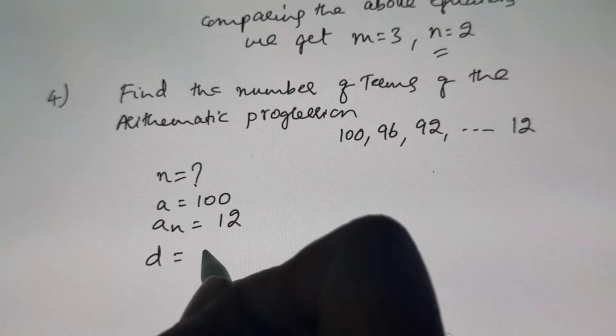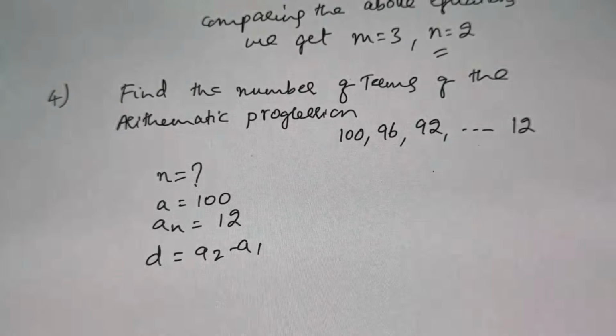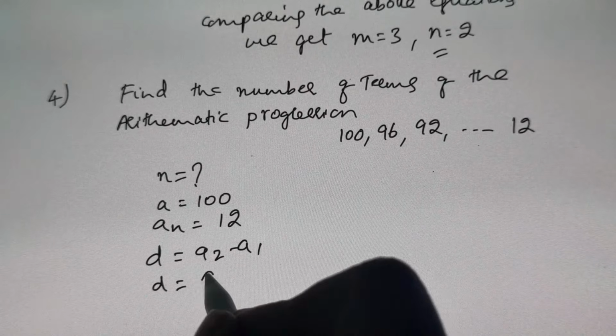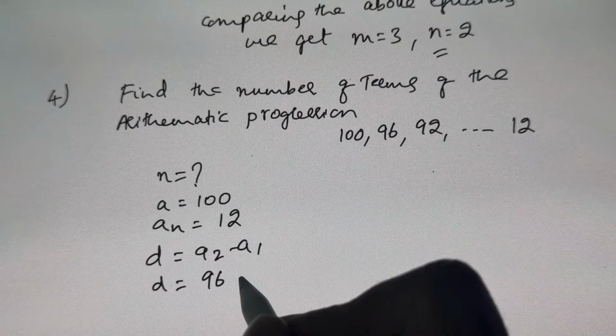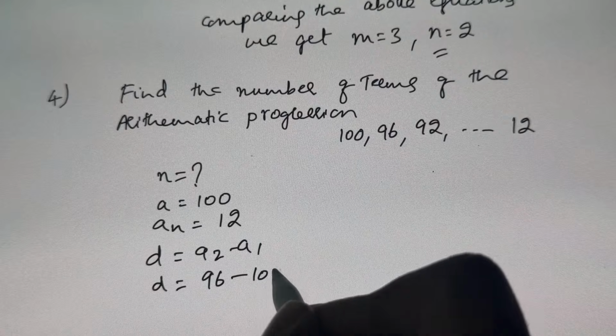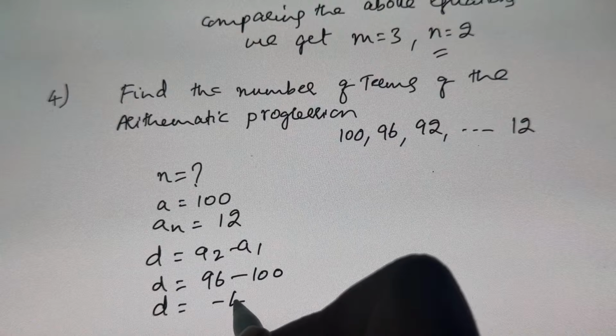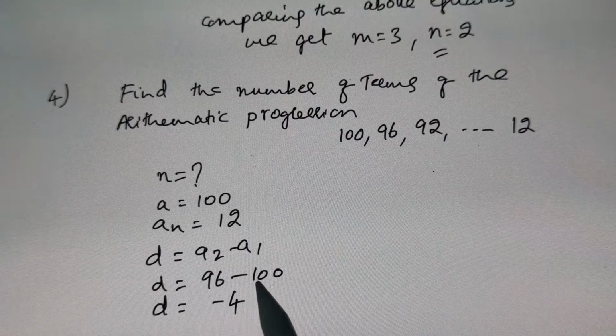So d is equal to a2 minus a1. So d is equal to 96 minus 100. So d is equal to minus 4. 96 minus 100 is 4, the higher value is 100, so it is minus 4.